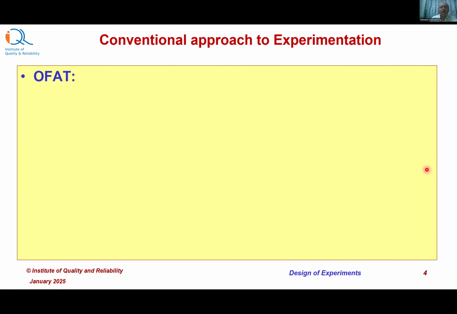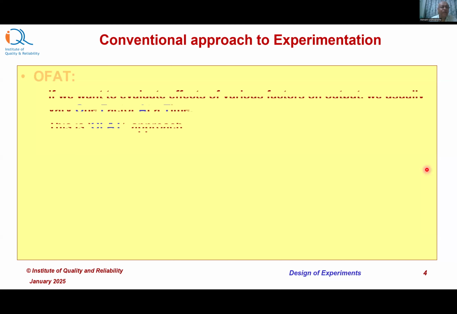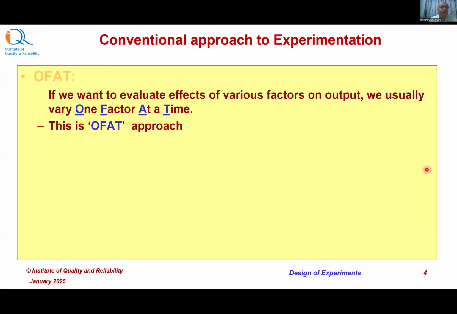The conventional approach to experimentation is what is known as OFAT, and the full form of OFAT is one factor at a time. So do not change too many factors at a time because you will not be able to evaluate the effects. That's the philosophy of the old school of thought.